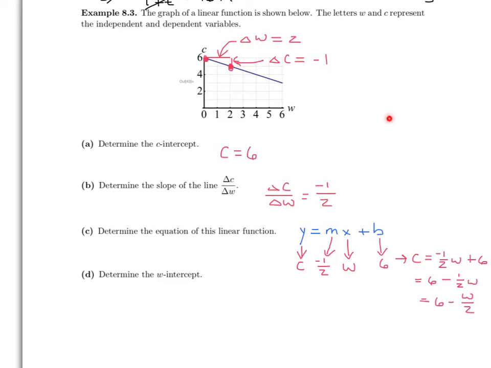What is the value of w that will cause the graph to hit the w-axis? Well, recall how you find a w-intercept. If we want to know where does the graph hit this axis, we'll notice that when it is hitting this axis, the value of c will be 0.